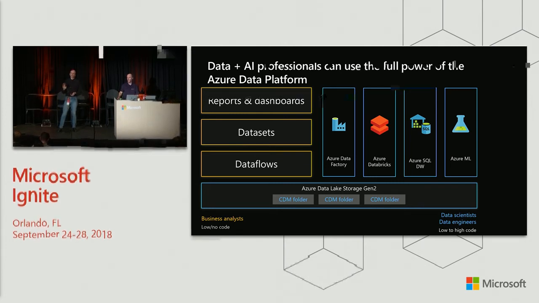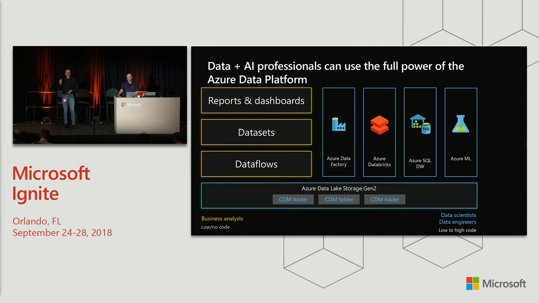So the bring your own lake functionality is a scenario where a Power BI administrator can take an existing Azure subscription that has an Azure Data Lake storage resource and essentially tell Power BI, instead of storing data flow data in this Azure storage that is managed by Power BI, put it in my organizational storage account.